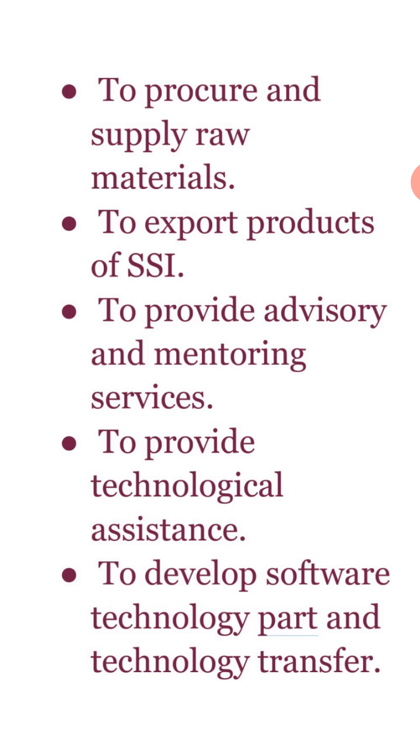Second, to procure and supply raw material. They used to supply the raw material smoothly so that production can be executed without any obstacle or hurdle. Next, to export products of SSI. They even used to export the products that have been produced by the SSI. Next, to provide advisory and mentoring services. That means if the SSI needs it, they provide advice and mentor them.